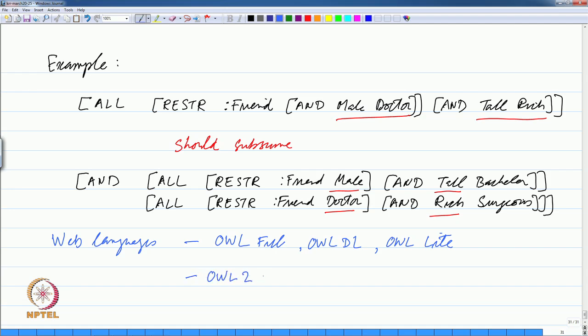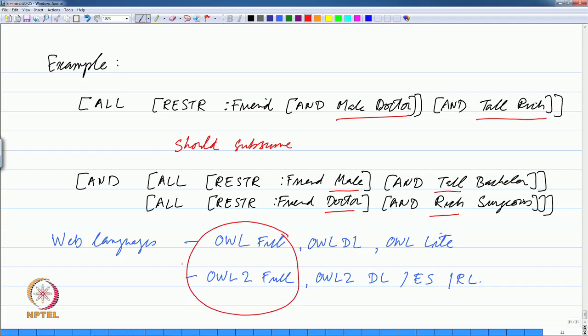So, we have OWL 2 Full and OWL 2 DL, we have EL, we have RL and so on. So, there is a whole host of languages which have come, each with different expressivity and each with different computational complexity essentially.